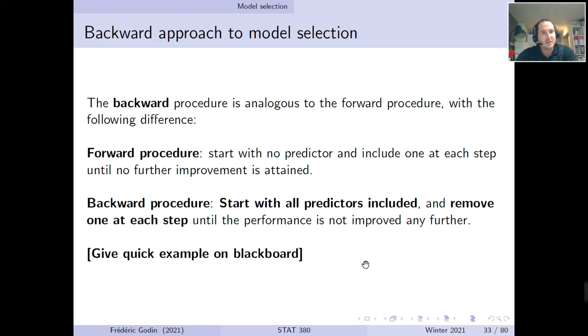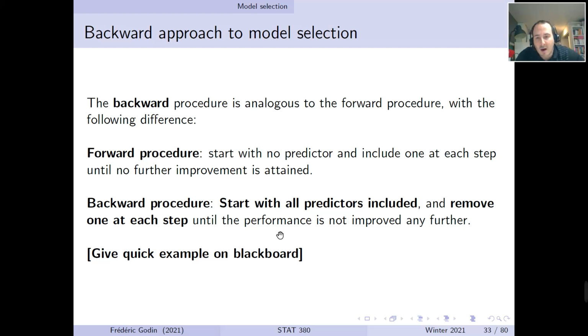There's another procedure called the backward procedure. It works pretty much the same way, but instead of starting with 0 predictors and including some in the model, you start with all predictors in the model and gradually remove some until you stop improving the performance.